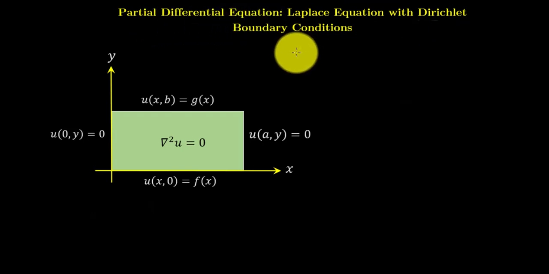Partial differential equation means we have an unknown function, in this case u, that is a function of two independent variables x and y. That's why we call it partial differential equation as opposed to ordinary.